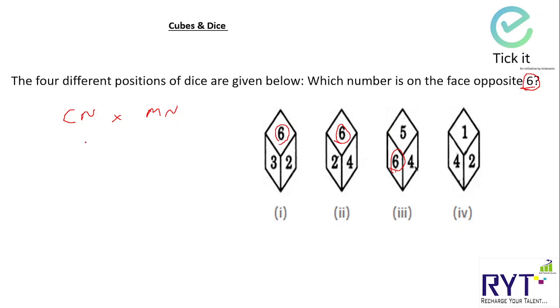So common number 6 is opposite to the missing number. I'll check which is the missing number. I have 2, 3, 2, 4, 4, 5. So I have got 2, 3, 4, 5, plus 6 is already there. Which is the missing number? 1 is missing. So my answer is number 1.